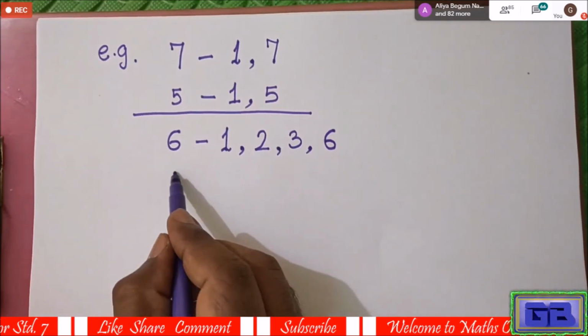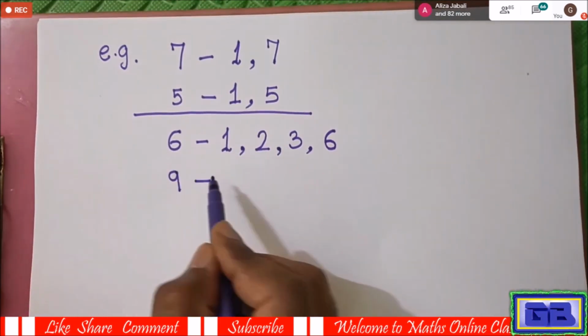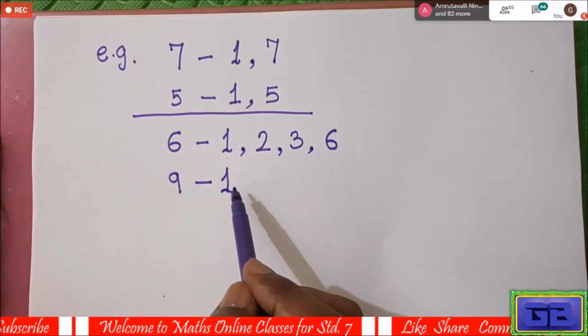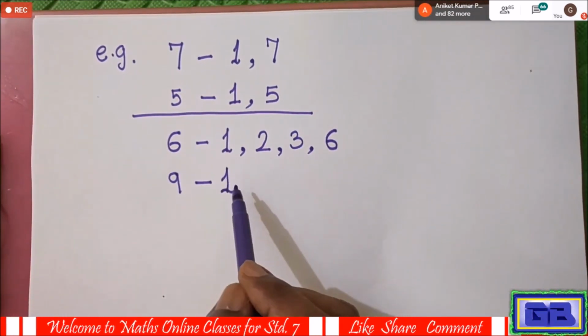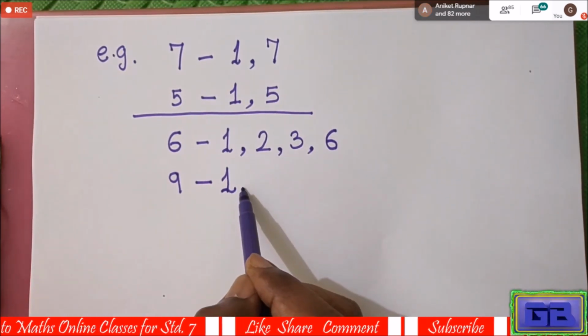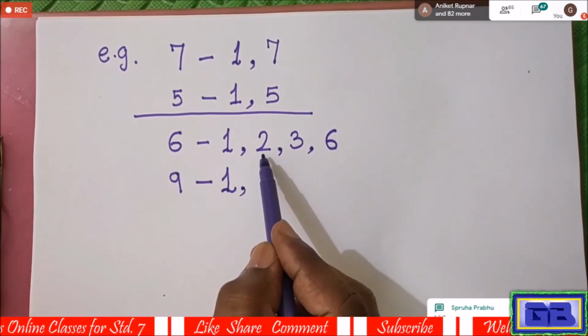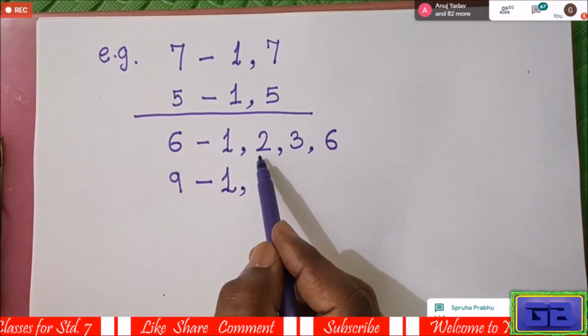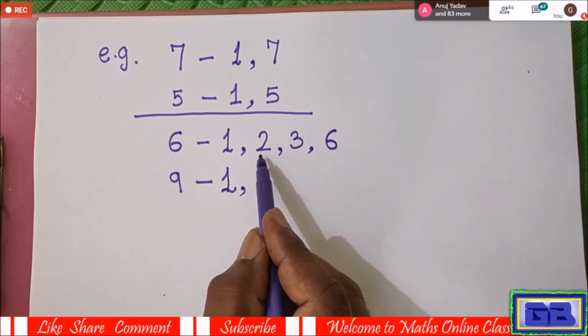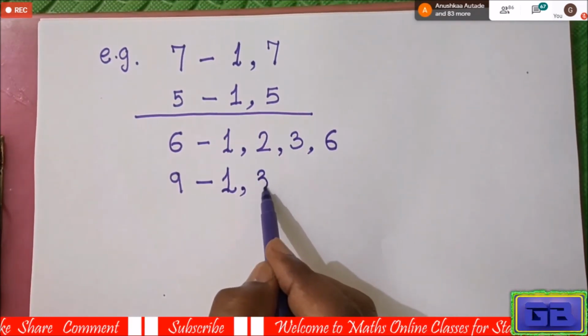Another example, I will take 9. Always we have to take 1 as a factor, the first factor. Next, does it come in the table of 2? No. Sir, 3. Correct. We cannot take 2, directly we will take 3.